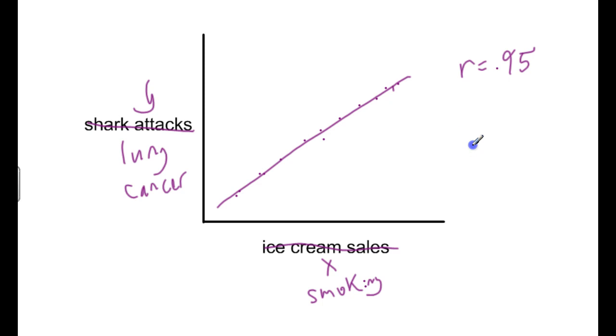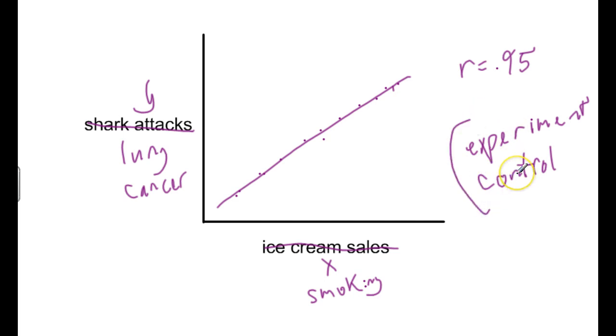And so you have to do an experiment, and it has to have a control group. If you do that under the right conditions, everything's been done right, you might be able to prove causation. But to prove cause, you really have to have an experiment with a control group. A scatter plot does not prove cause.